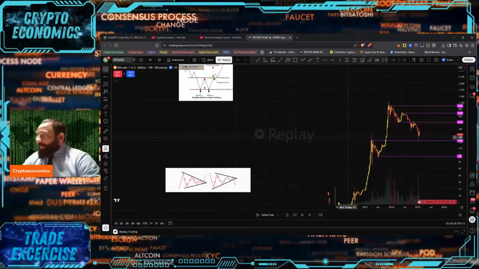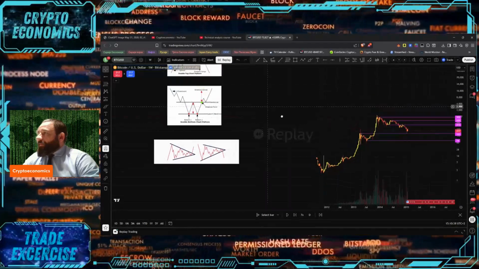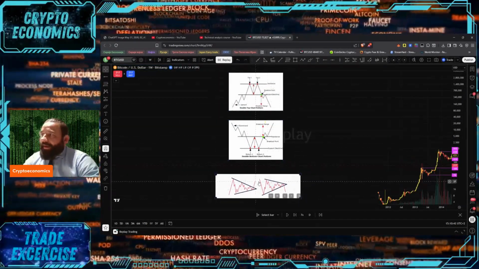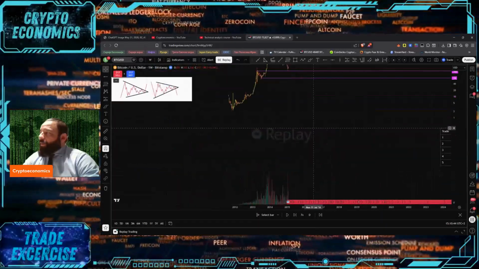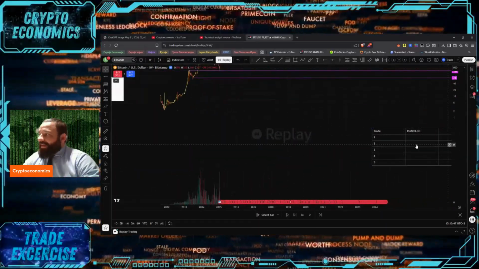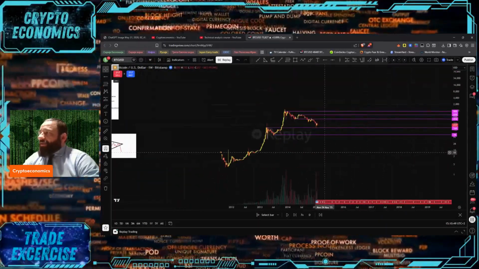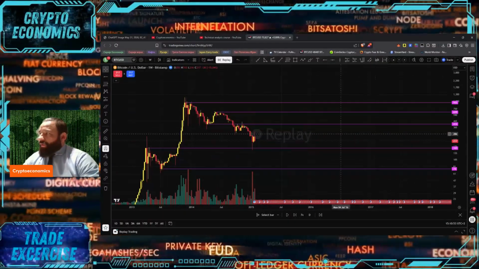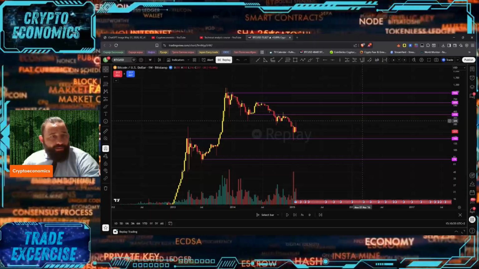Also, we need to keep in mind that we're going to use the basic information that we have learned so far: the M formation, W formation, and triangle formations. As well, we're going to keep track of the trades that we have done, so we can see if we have managed to make a profit or loss on our trading exercise.